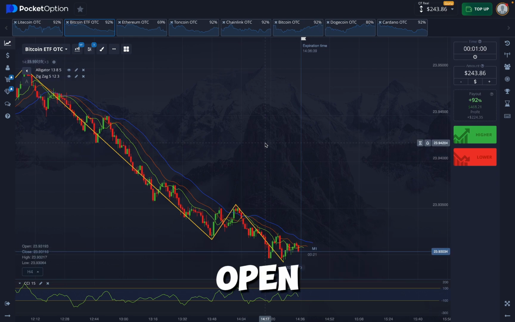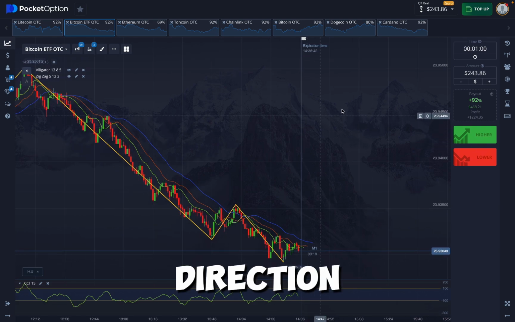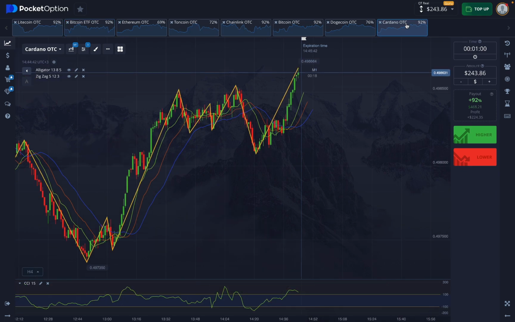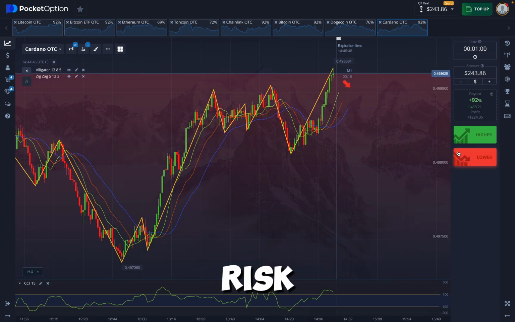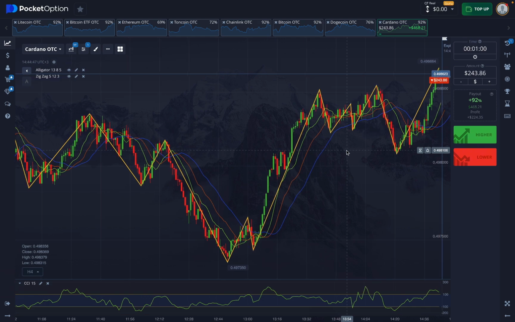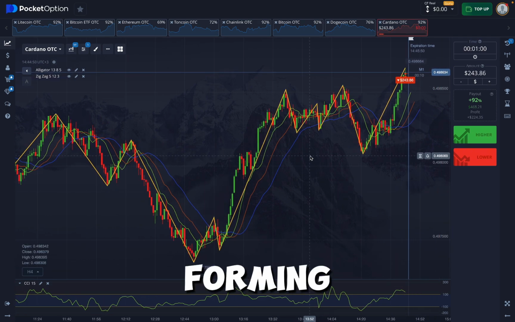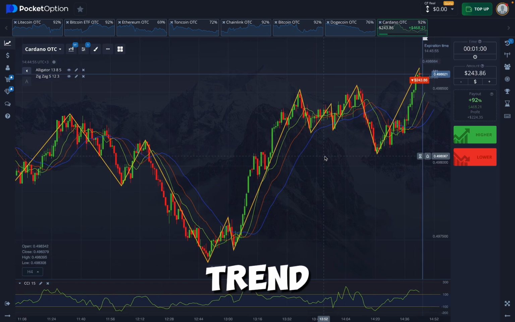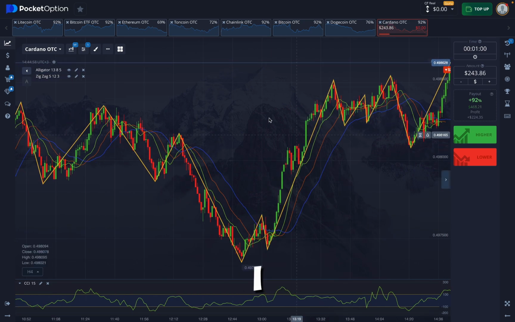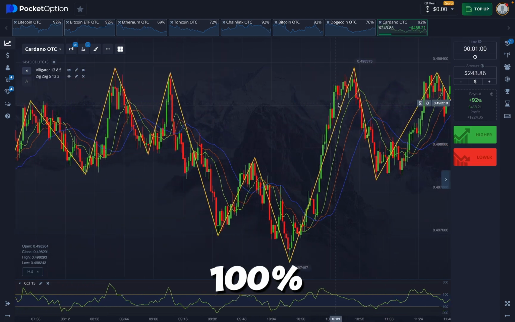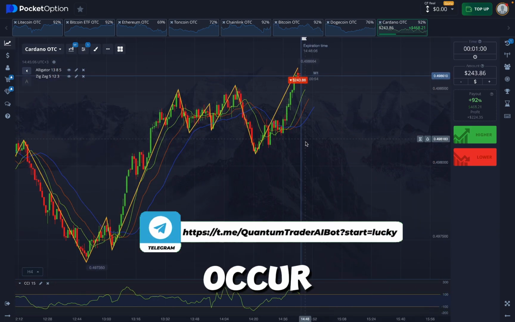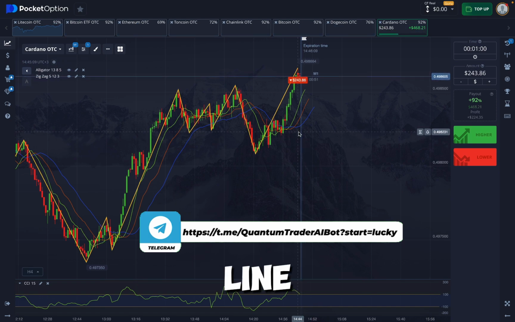And let's try to open a down trade here against the direction of the actual dynamics. Quite a risky trade, but I prefer to always take a risk rather than regret it later. A new global high is forming here, and I'm not betting that there will be a trend change, but I think that a 100% pullback of the dynamics here should occur because of the moving line/EQ.